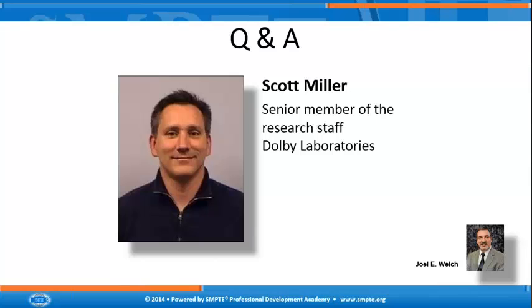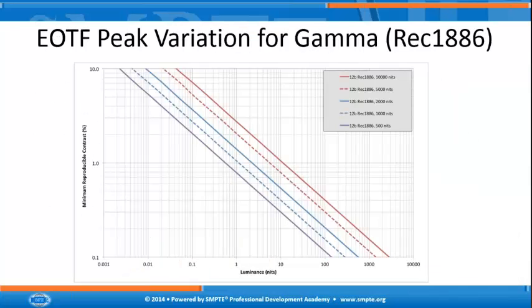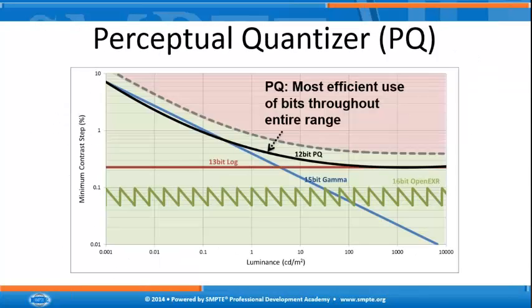Okay. Scott asked the question, why does 16-bit OpenEXR look like a sawtooth? Yeah, another good question. I should go back to that slide. So in a delta L over L plot, this is basically our OpenEXR here. Since it's a floating point system, what you're seeing here is a bunch of linear segments that basically get reset every time the exponent bumps up by a number.